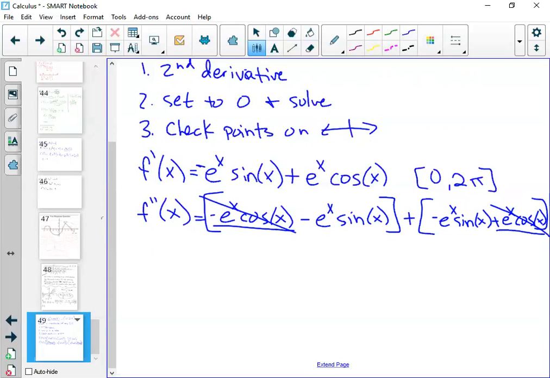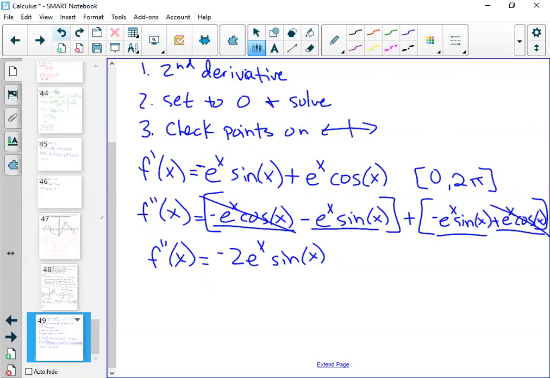And then here we have a negative e to the x sine x and negative e to the x sine x. It's the same thing. So those are going to combine. So we have f double prime is equal to negative 2 e to the x sine x. Perfect. So first step done.